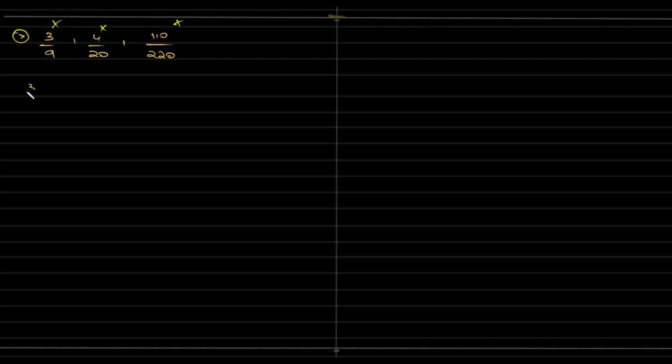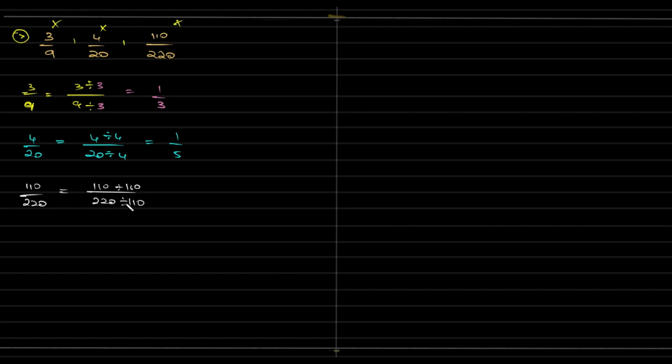Let's convert them. 3 by 9, divided by 3 and 3, is it not? 1 by 3. 4 by 20, divided by 4 and 4, 1 by 5. 110 by 220, divided by 110 and 110, right?